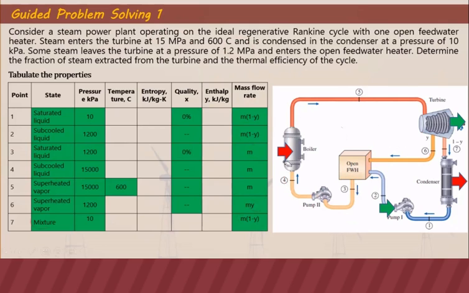So we are going to determine now the different properties. If we're going to draw the TS diagram for this one, let's just draw it here. We have the TS diagram.